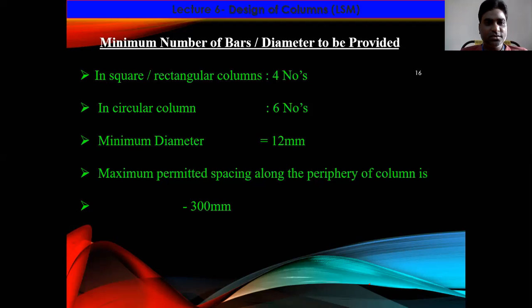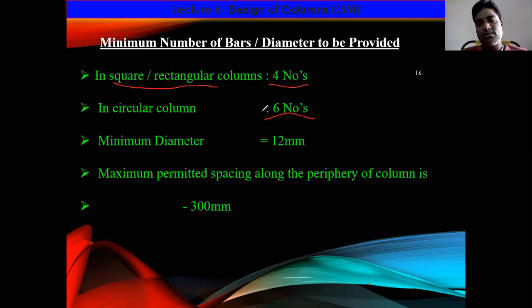So the minimum number of bars for square and rectangular is 4 numbers, and for circular it should be minimum 6 numbers. It's very important. In competitive examinations, what is the minimum number of bars required for a circular column? That is 6 numbers.